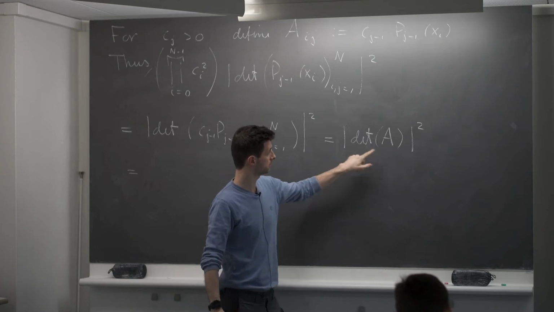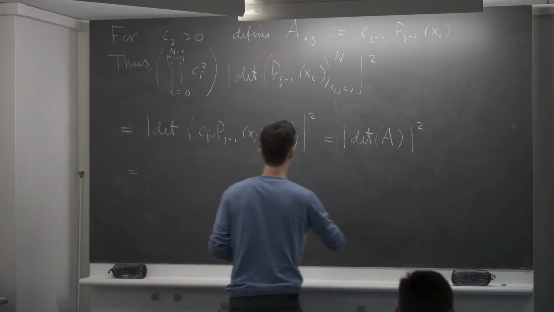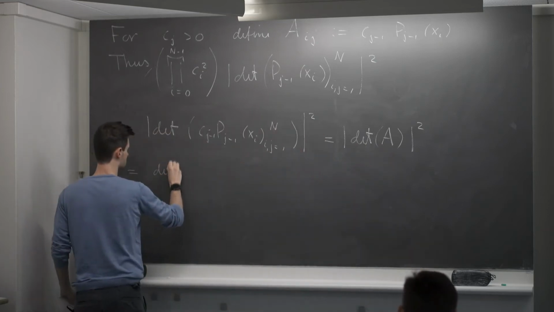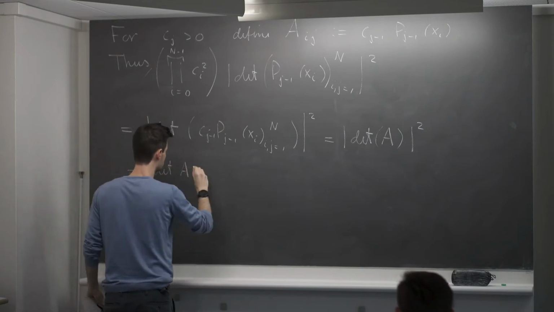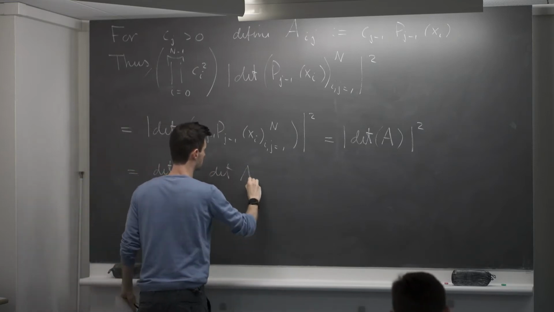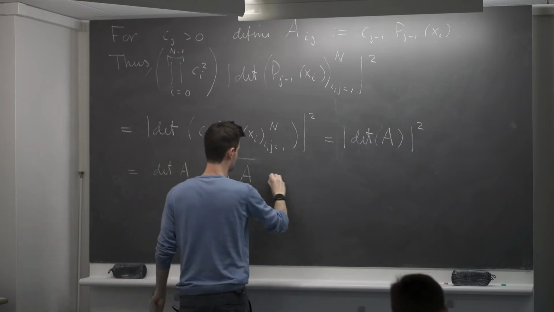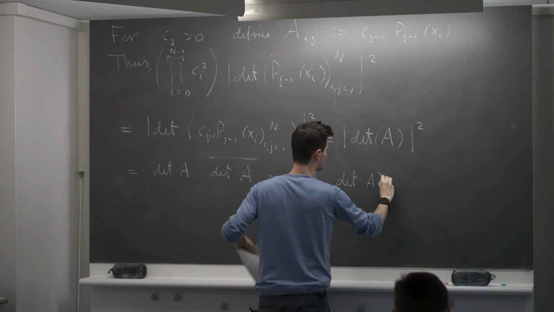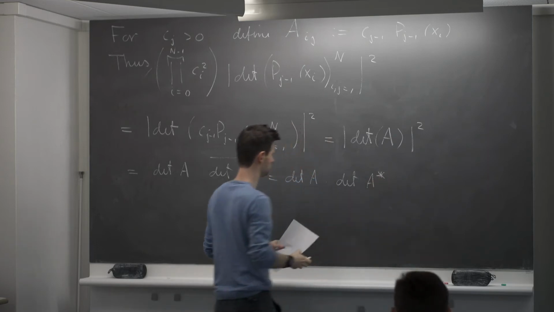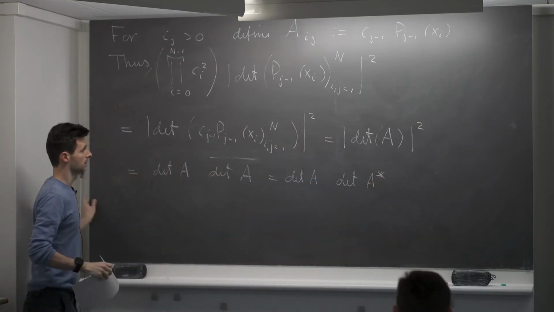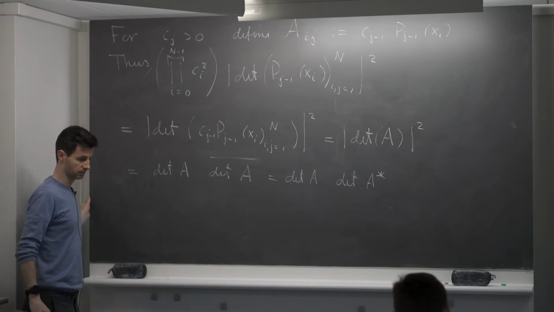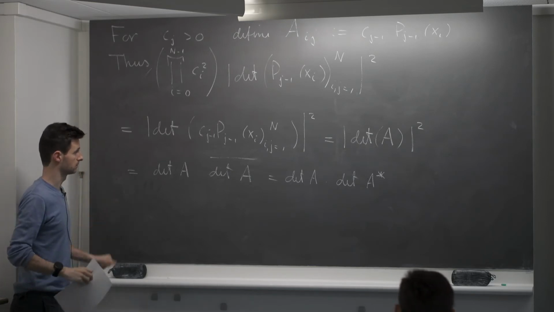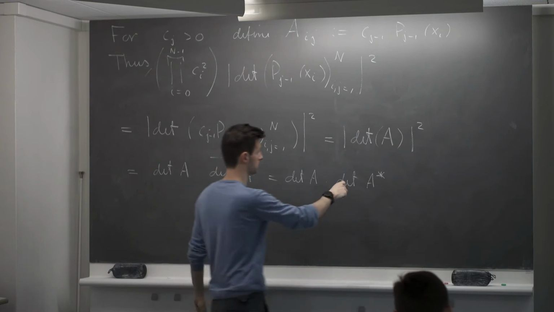So it's the determinant of A times the determinant of, maybe I'll write this up in 2 steps. So this is the determinant of A times the determinant of A complex conjugate, which is equal to the determinant of A times the determinant of A star. And I probably want to do it in that order, yes? Because the determinant of the transpose is the same as the determinant of the original matrix. And this is the Hermitian conjugate.